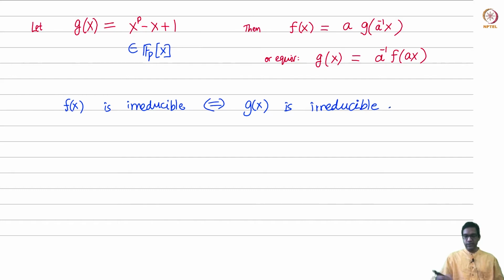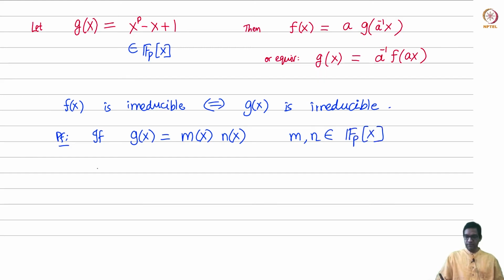Okay, how do we prove this? Well, it's easy enough. So let's suppose g is reducible. So here's a little proof of this fact. If g can be written as a product of two polynomials, say let me call them m of x and n of x, both polynomials with coefficients in F_p, then just use this transformation property.